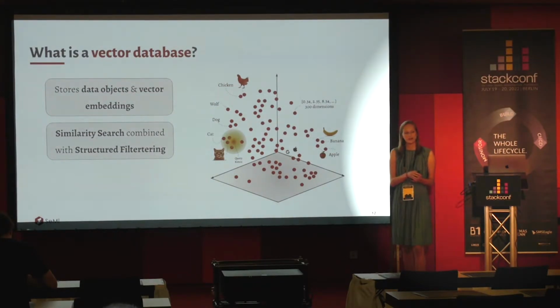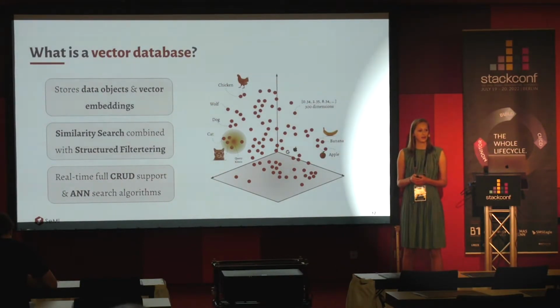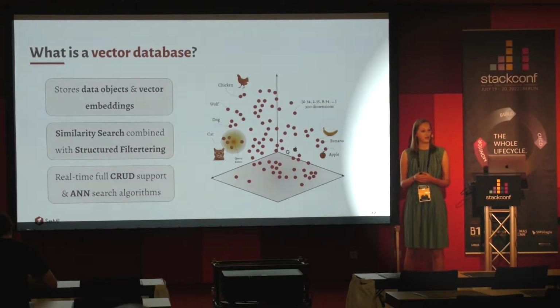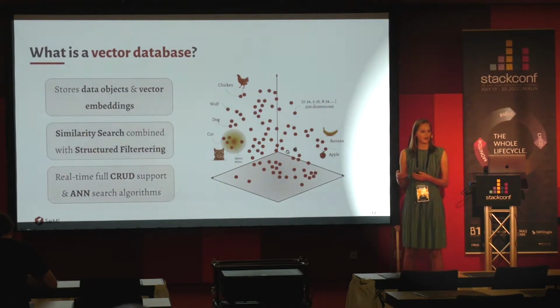So you can not only do vector search, but because we also have the actual data object stored, you can combine it with the structured filtering that you're used to in SQL, for example. And finally, the full CRUD support. A vector database can work this efficiently because it uses so-called ANN algorithms. ANN stands for approximate nearest neighbor algorithms, which are used to do this on very large scale efficiently.